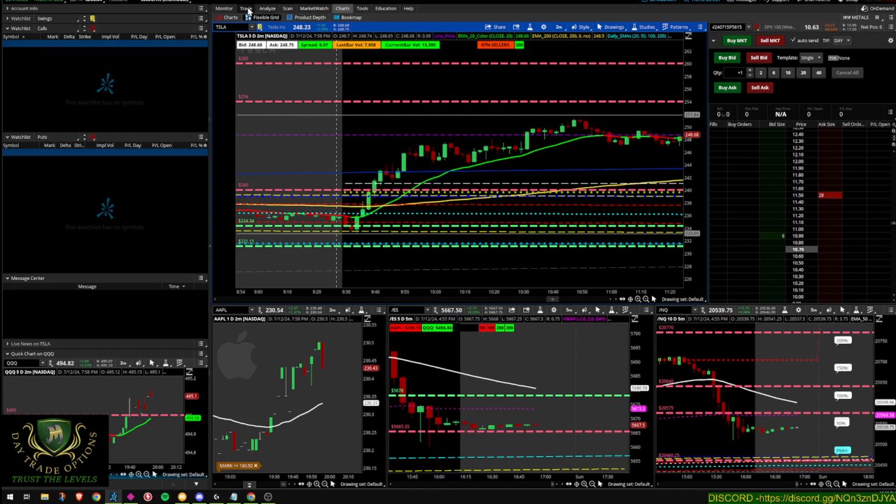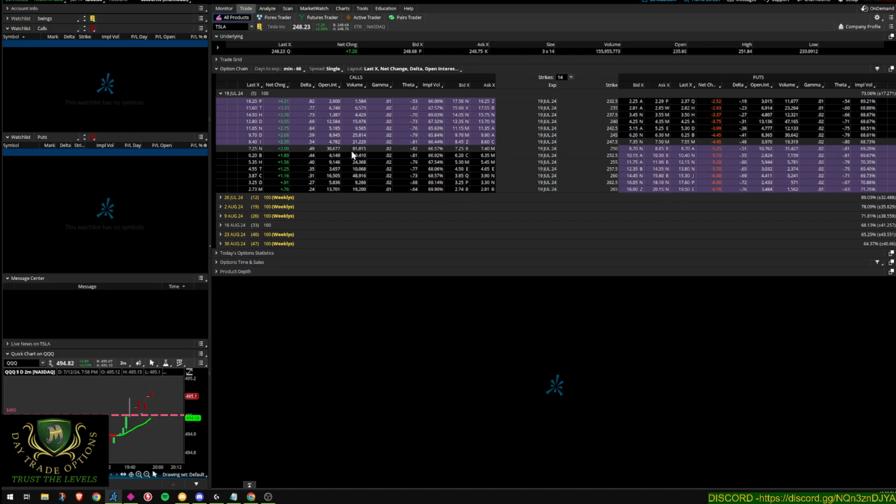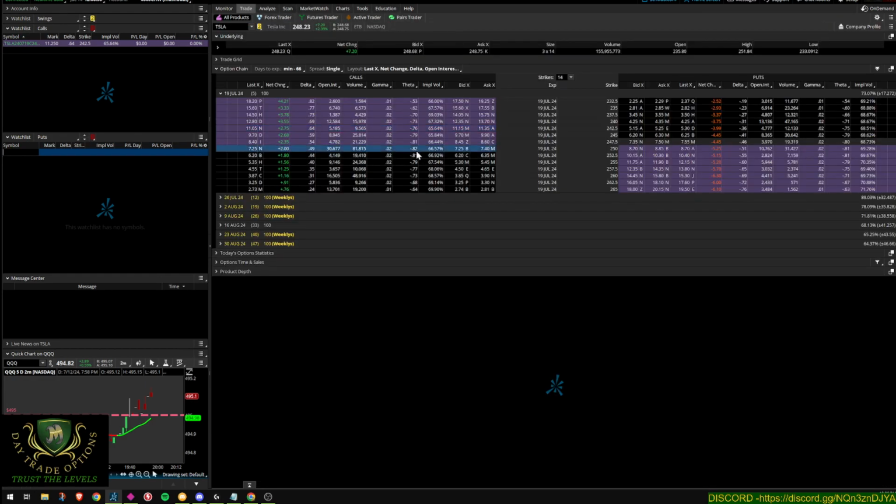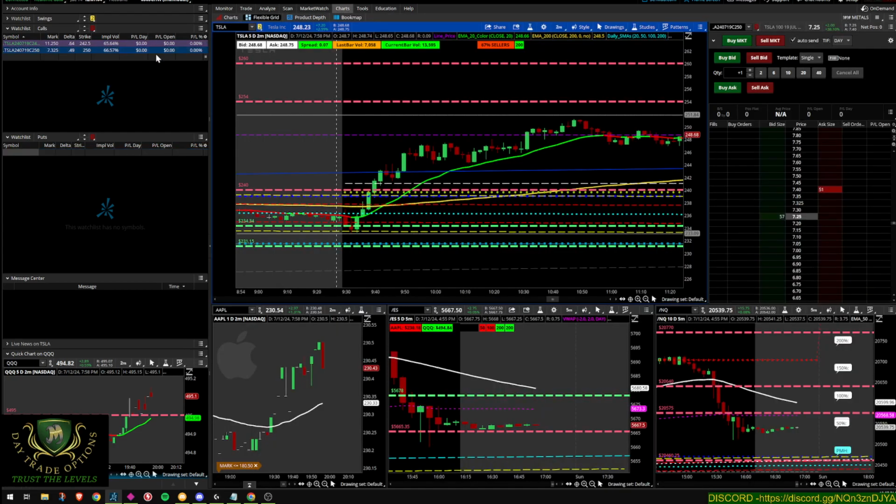And so what I did with Tesla, I'll just give you an example. When I had bought Tesla, the first one that I had purchased was this one, and my cost went up to like $11, right? At this point, I didn't want to re-enter on the same $11. So what I did is I go and grab the next at the money, and then I go right back to my chart.